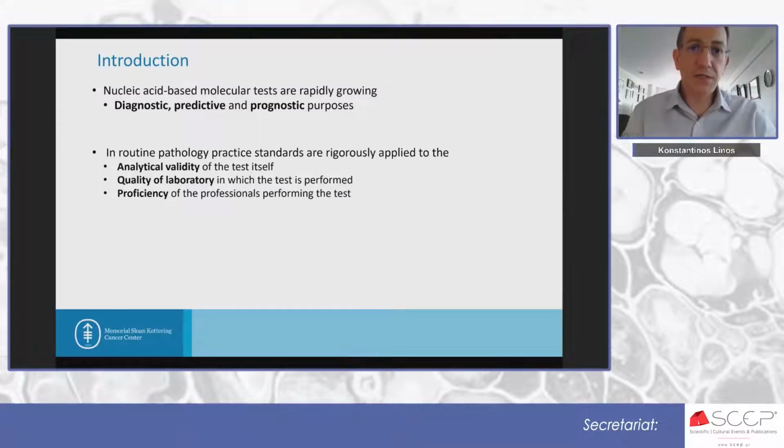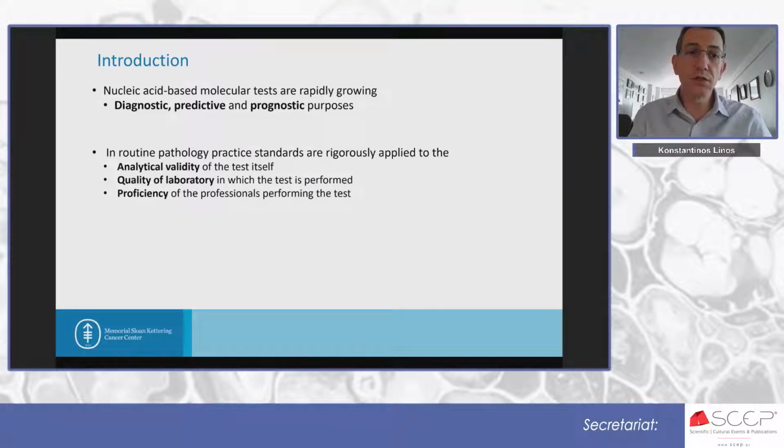As was mentioned in the previous talk, we have moved into the 21st century, the era of nucleic acid-based molecular tests for everyday clinical practice. We are also moving forward with other tests, like methylation tests for tumors. But for today's lecture, we're going to focus on nucleic acid-based molecular tests, which are rapidly growing and being used in different scenarios.